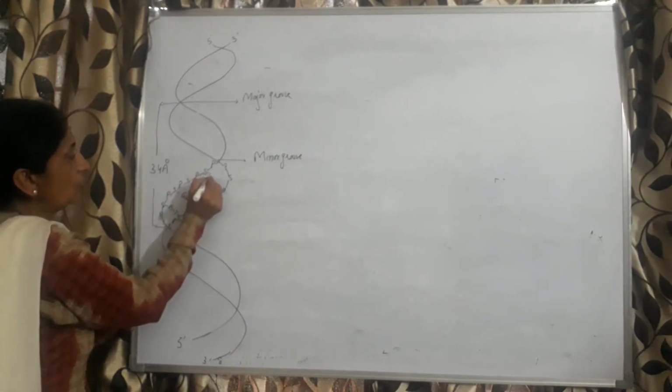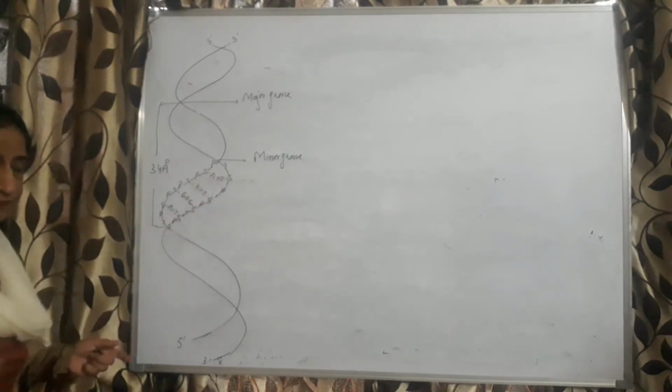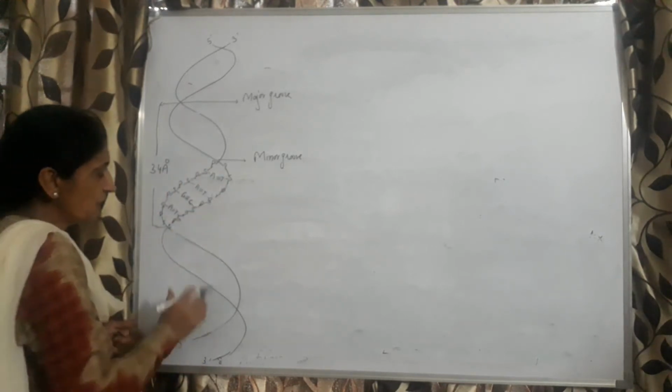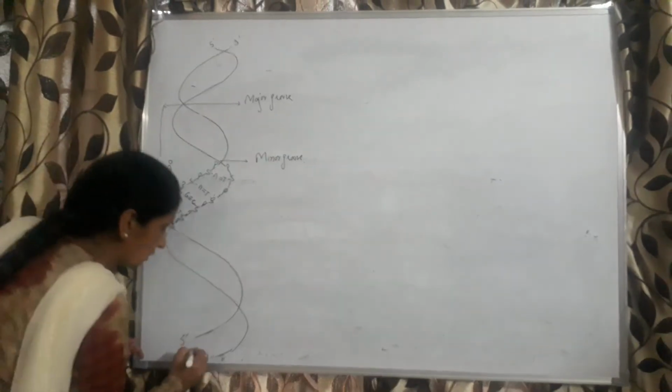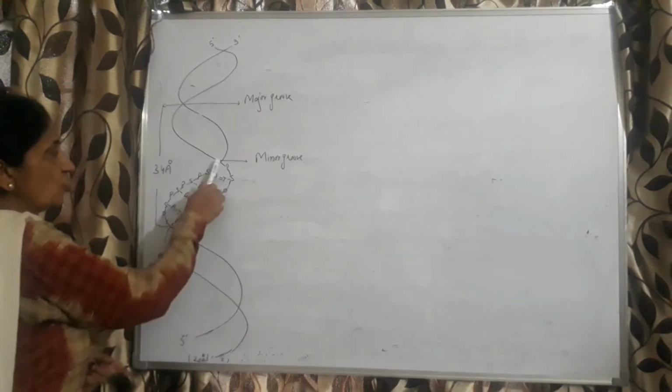So this is how base pairing takes place. The diameter of this double helix is 20 angstrom units. The backbone is formed of alternating phosphate and sugar molecules, and in the interior there are base pairs. Adenine pairs with thymine through a double hydrogen bond, guanine pairs with cytosine through a triple hydrogen bond.